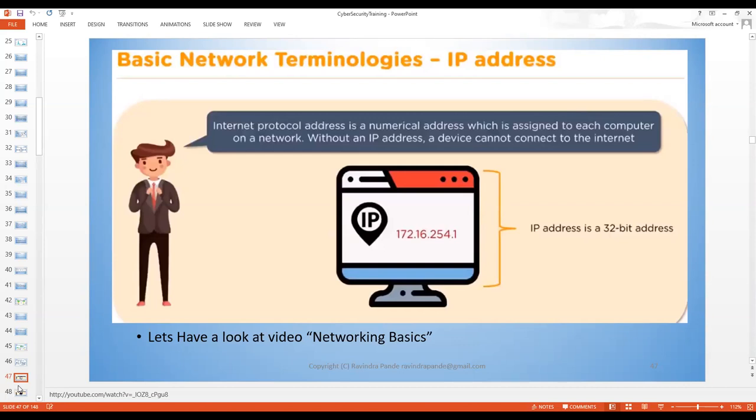An Internet Protocol address is a numerical address which is assigned to each computer on a network. So whenever you go on a network, and specifically network means internet now for a generic assumption, whenever you go on the internet, you get an Internet Protocol address, which is normally referred to as IP address. Be it a small phone, Raspberry Pi, Arduino, any machine.